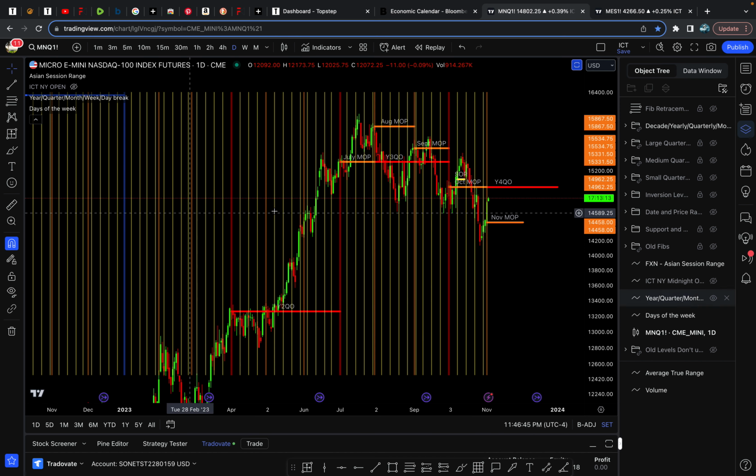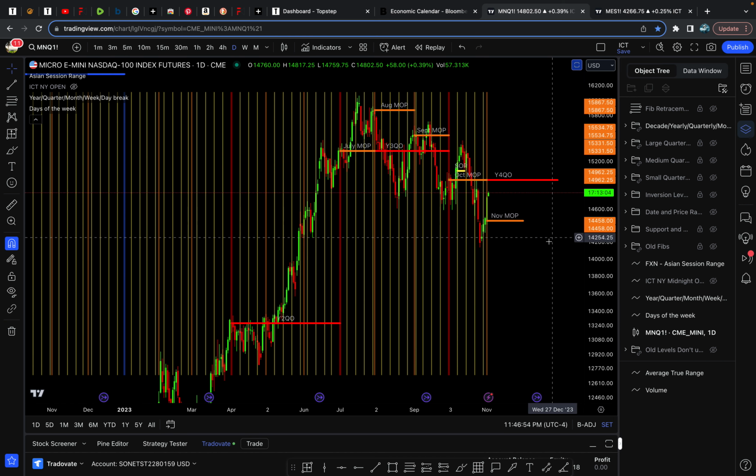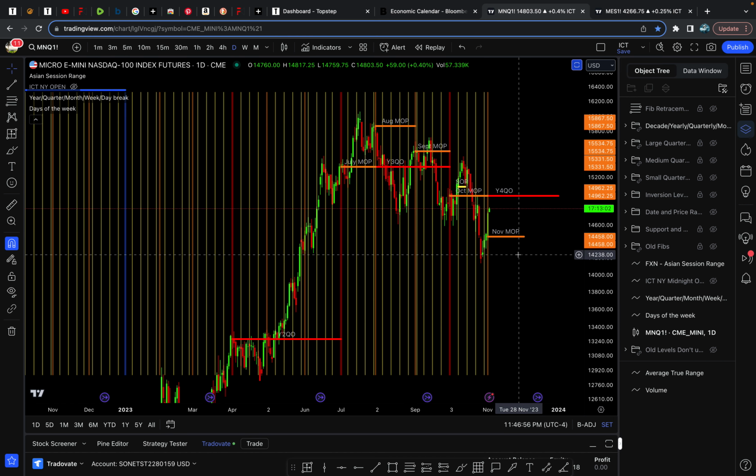Basically, we have year to year, and yearly quarter. I don't break down the months into quarters necessarily; I just think it's too much.